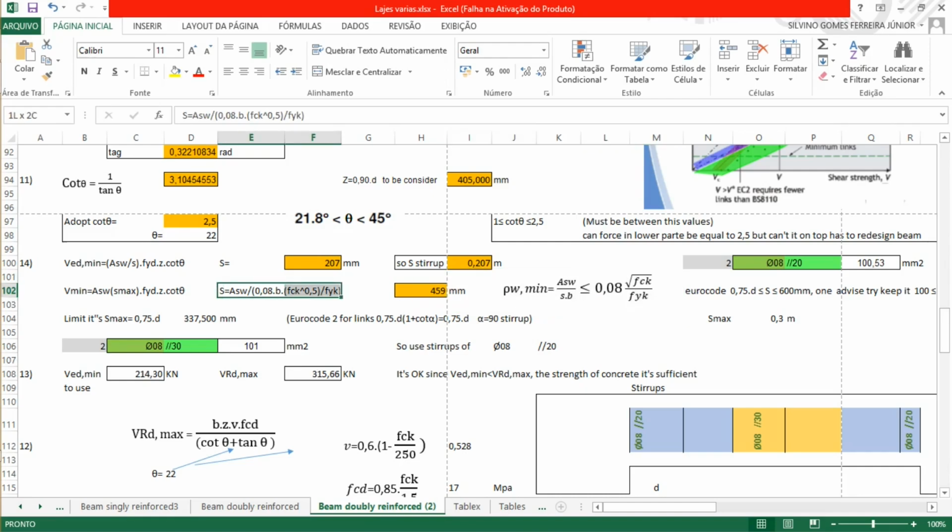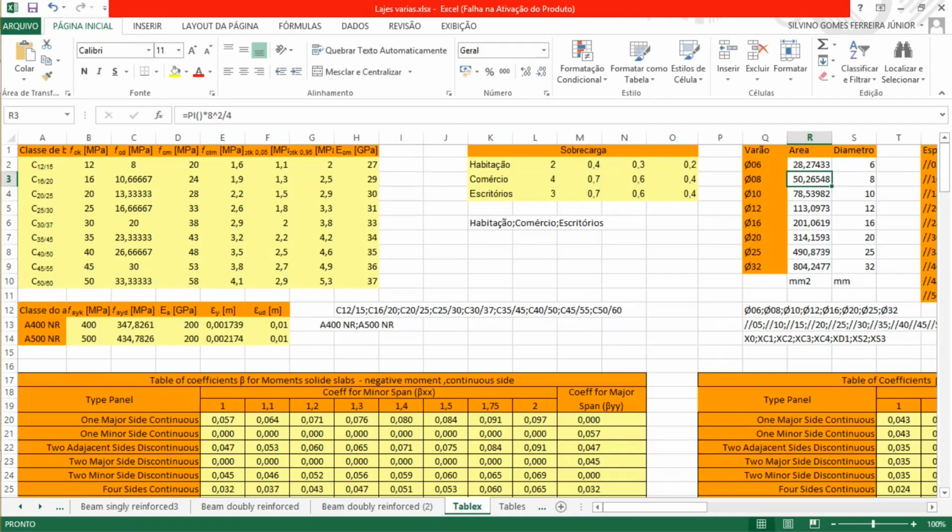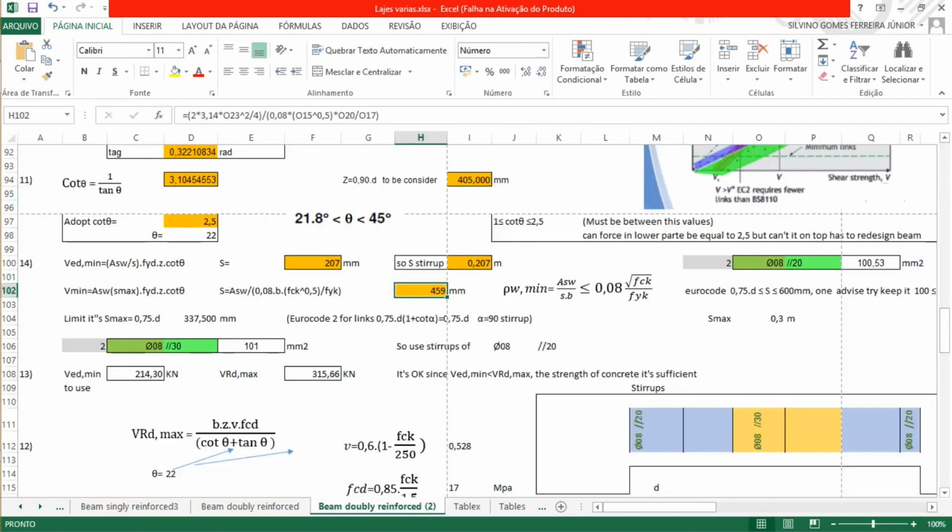It will be the area of steel, that is 2 times the area of diameter 8, 50.26, divided by 0.08 multiplied by b, that is 250, square root of fck, that is the concrete strength of 30 that we are using, divided by fyk, that is the steel S500, divided by 500.